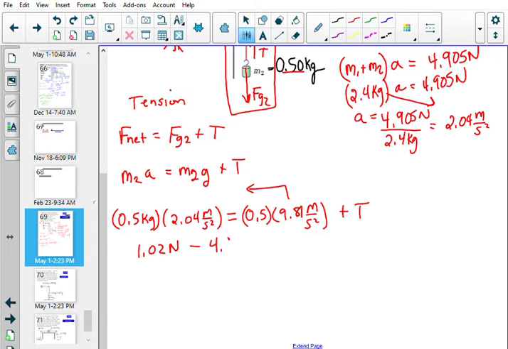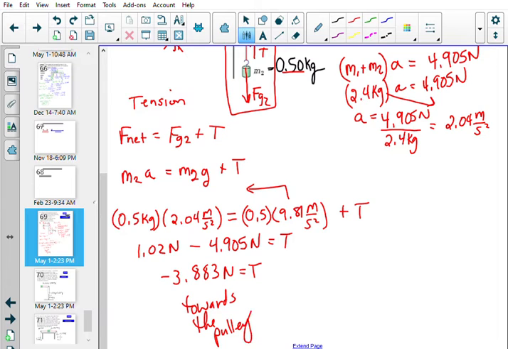Subtract the 4.905 newtons gives tension, and the tension is therefore negative 3.883 newtons, which is up. It's counterclockwise, but it's towards the pulley in terms of the direction. Okay, so that's how you get the tension as well as the acceleration in the simple system without friction.